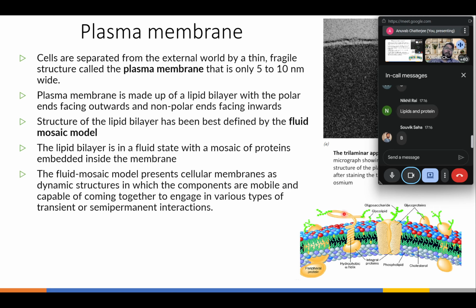Essentially, anything that wants to detect if this cell belongs to the host, like our body's immune system, first interacts with the glycoprotein coat on the cell membrane, and that acts as a signature of whether it is a cell of my own body or an invading organism or a pathogen.